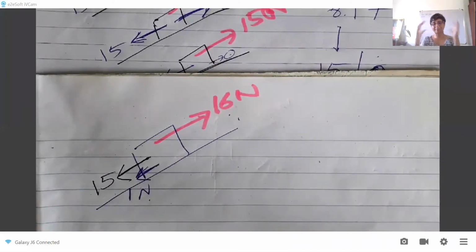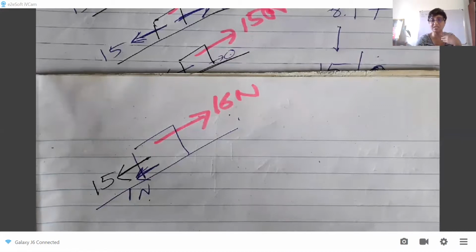So the summary of what we just saw is this. When you have an object kept on a rough surface and you keep it at rest by applying an external force, the size of your force can be in a range.